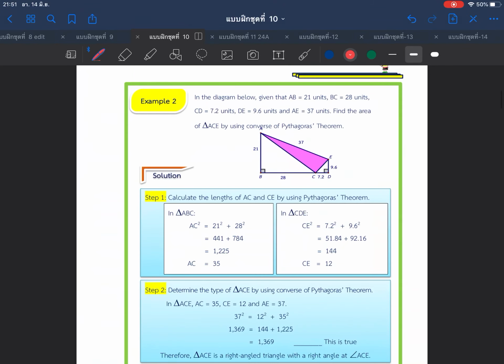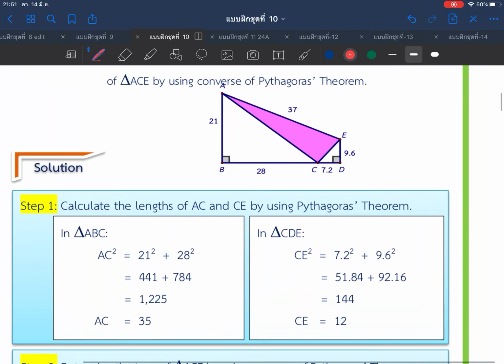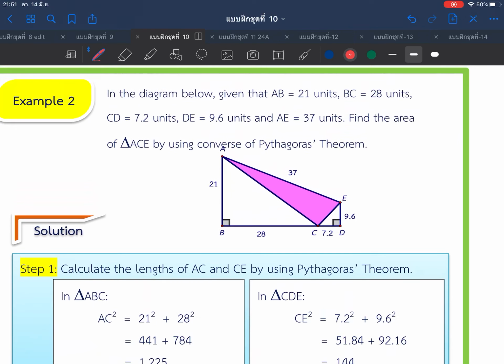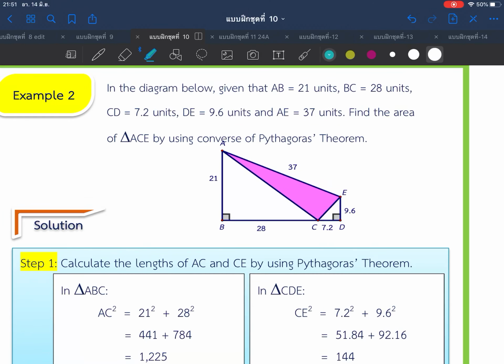Okay, next, number 2. Example number 2 says that in the diagram below, given that AB is 21 units, BC is 28, BC is here, 28 units. CD is 7.2 units.